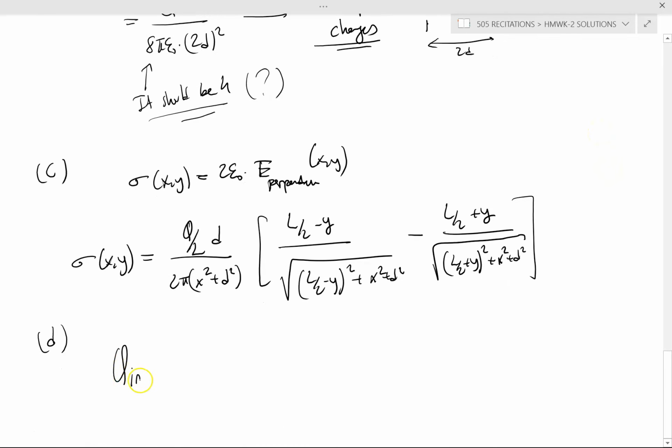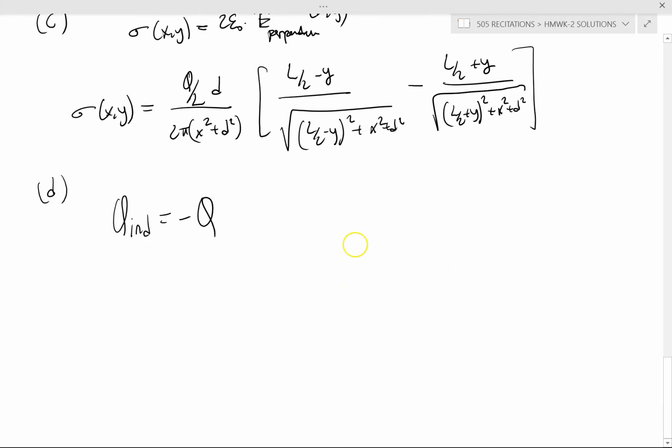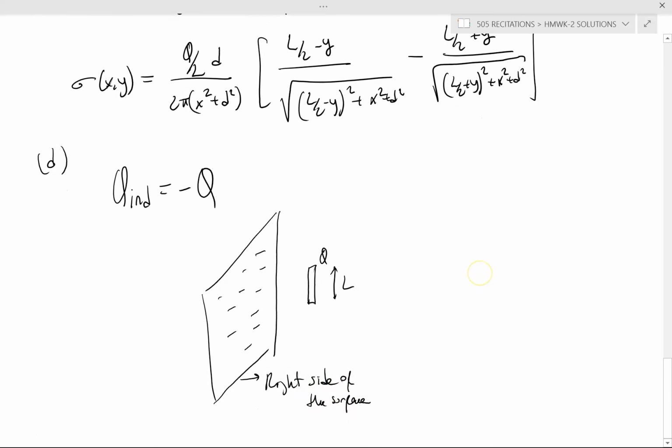The induced charge is nothing but minus q expectedly, because it is coming from the fact that in reality this charge distribution over here and L, right? And this simply attracts the minus side to the right side of the surface.